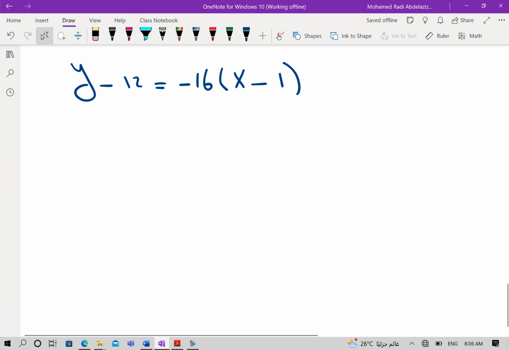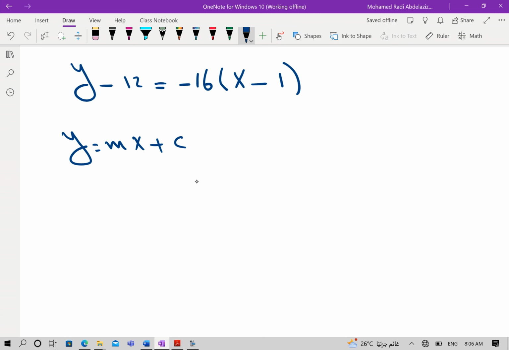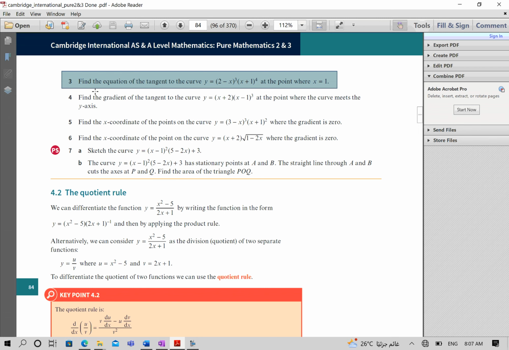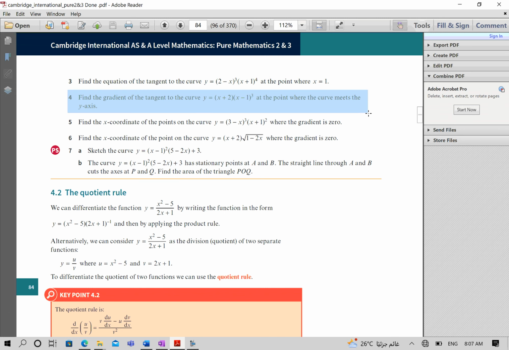Maybe you are asked to write your answer in the form y equals mx plus c, so you have to rearrange. Or maybe in the form ax plus by plus c equals 0; you can rearrange. If you are asked to get the equation of the normal, it will be the same, but just use the negative reciprocal of the gradient.